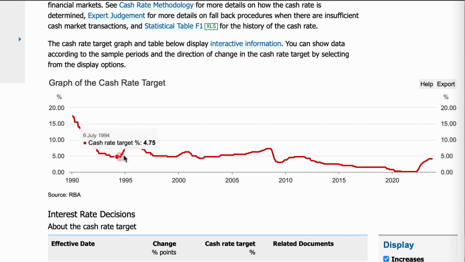And on average, it looks like the cash rate is sitting around the 5% mark. You see the 5% mark on the left here, and you can see that the majority of the rates have been sitting around that 5%.